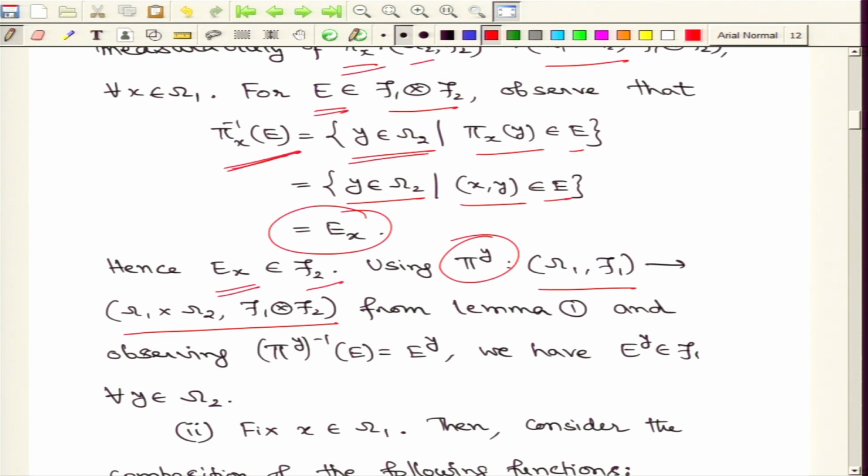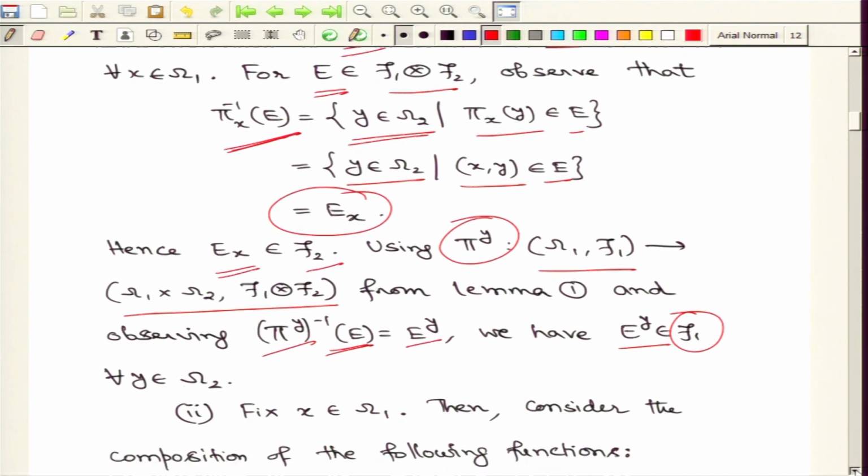So, using this measurable function and using the identification that for any product type measurable set E, the pre-image under pi superscript y will land up into E superscript y, which is the section of the set with the point y, and therefore, we will claim by the measurability again that E superscript y must be in the first sigma field F1. So, this proves the first part of this theorem that we have just stated.